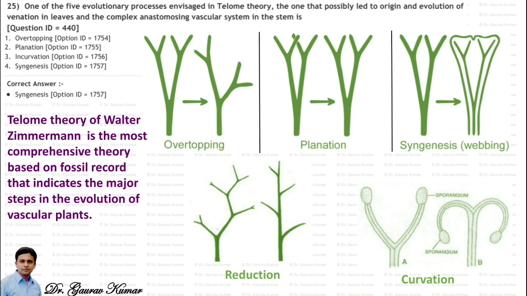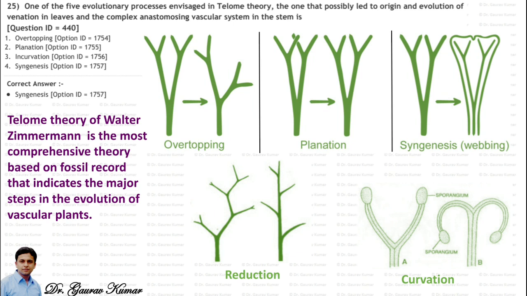The larger axis thus produced becomes the stem, while the shorter or overtopped branches represent the beginnings of lateral branches or leaves. So the shorter one becomes the lateral branch. Now the earlier dichotomy will be transformed to a pseudo-monopodial branch, so it will be converted into one main stem and the other one will be the lateral stem.